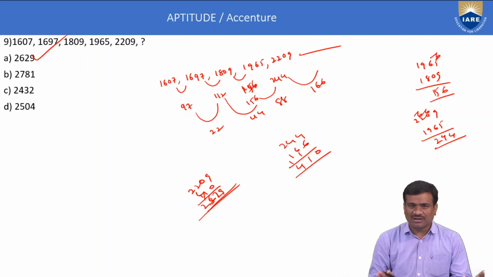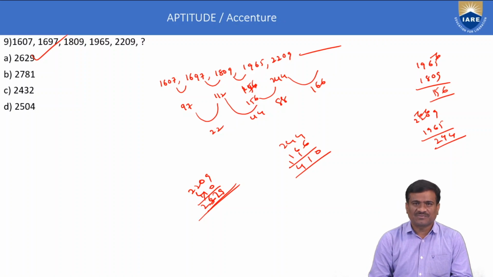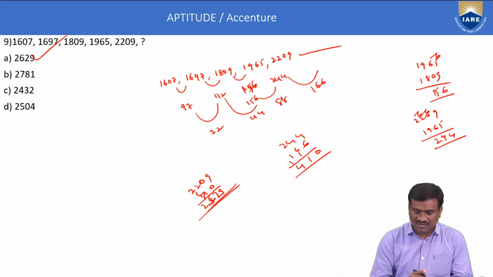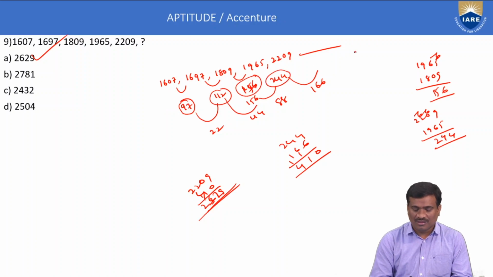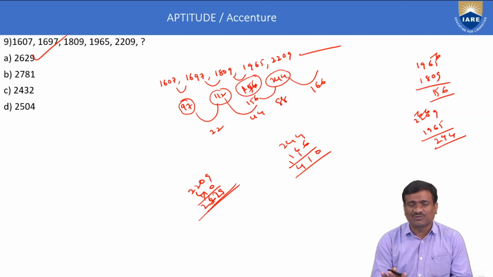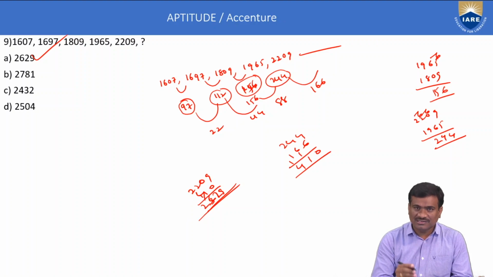Ninth example, number series concept. Check the difference. First differences: 97, 112, 156, 244 and so on. But there is no logic here. 97, 112, 156, 244, no logic. Next level of the series: check the difference again. 22, 44, 88.